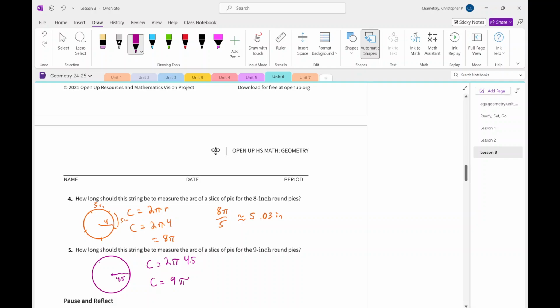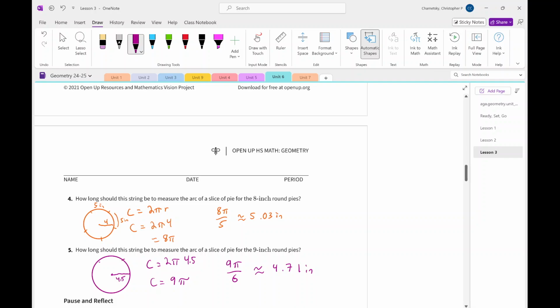And then we're going to take that 9 pi, and that gets cut into 6. So we'll punch that into our calculator. And for this one, the dividing marks, or the string that needs to divide the pie around, needs to be about 4.71 inches.